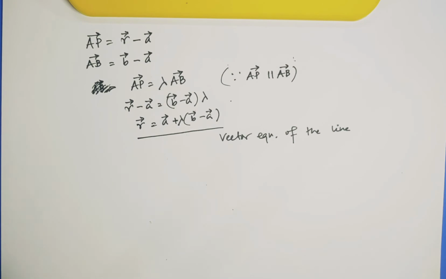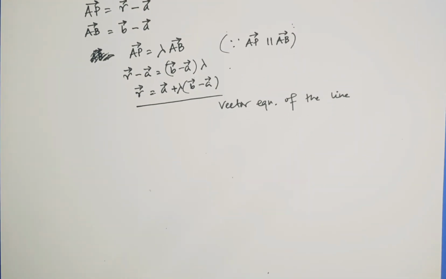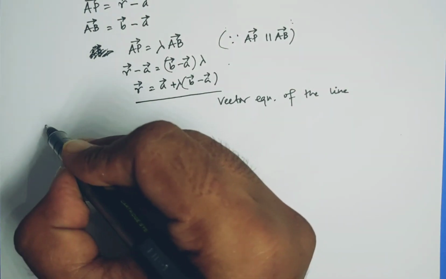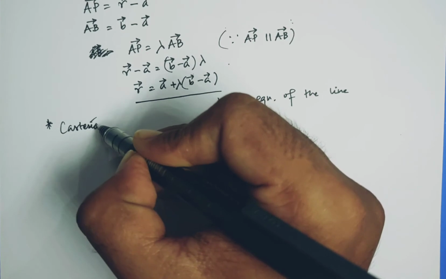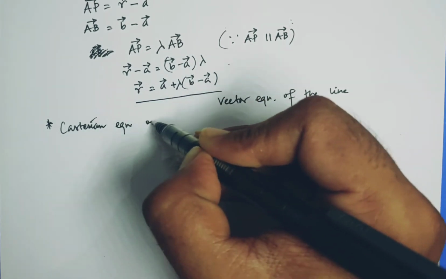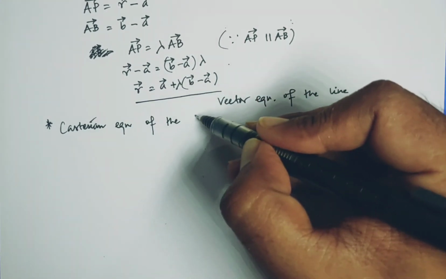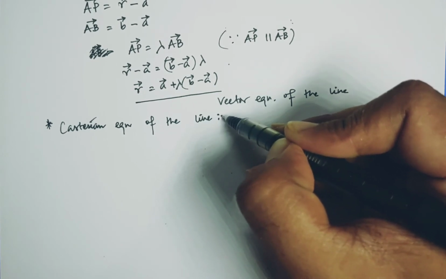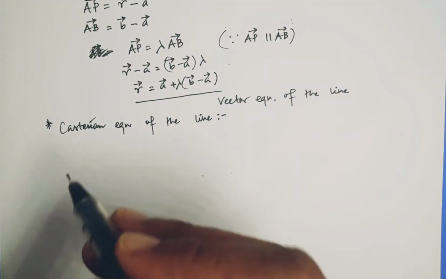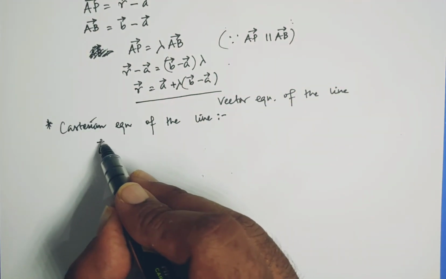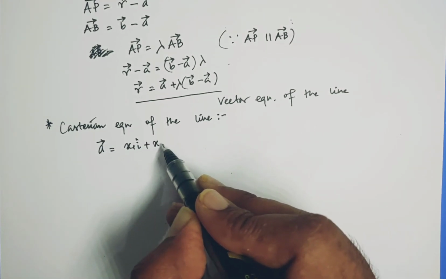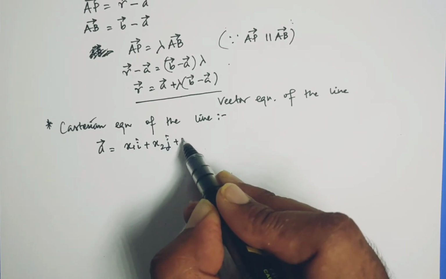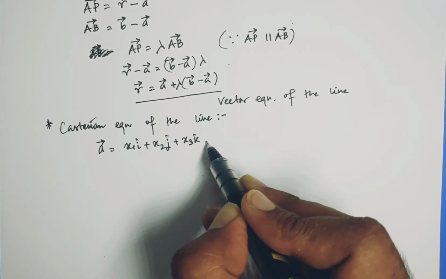Okay, now same as before, we have to find the Cartesian equation of the line. So let's do it. For the Cartesian equation of the line, we'll take A vector as x1 i cap plus x2 j cap plus x3 k cap.